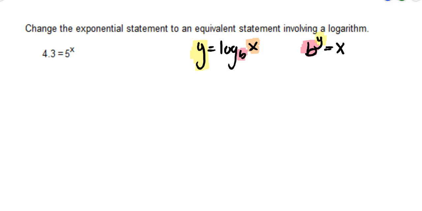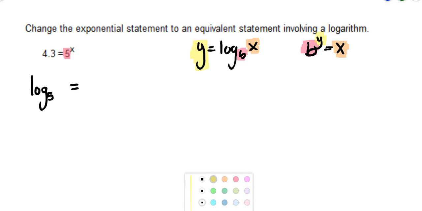So this is how we change a log to an exponential and an exponential to a log by knowing this pattern. So for our example, the base of the exponent is 5, so that will be the base of our log, log base 5. The log always equals the exponent, so the exponent is x, and the log is going to equal x.